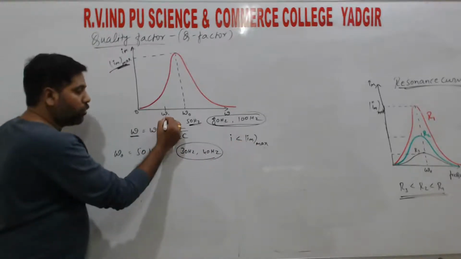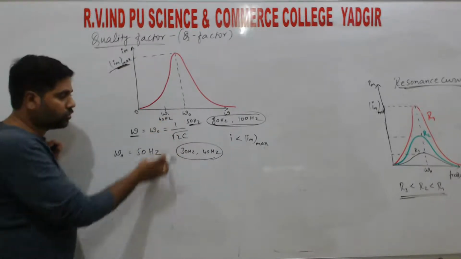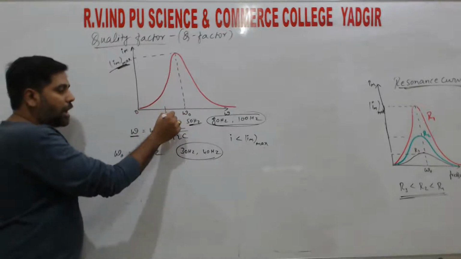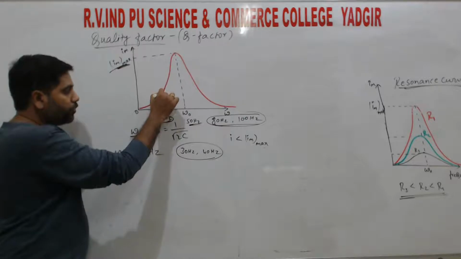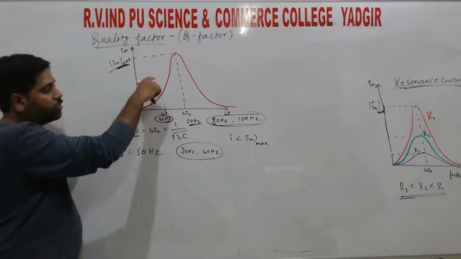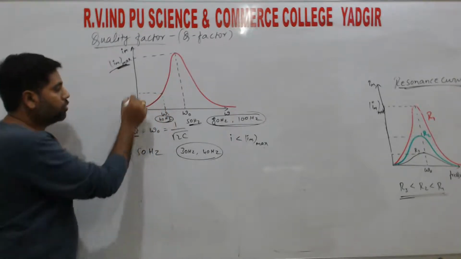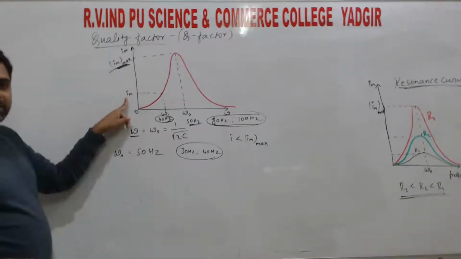So for example, for omega 1 here I am sending some 40 hertz. At this frequency we need to find the current. That means I project the omega 1 value vertically upwards, and along here I am getting I1, that is Im.